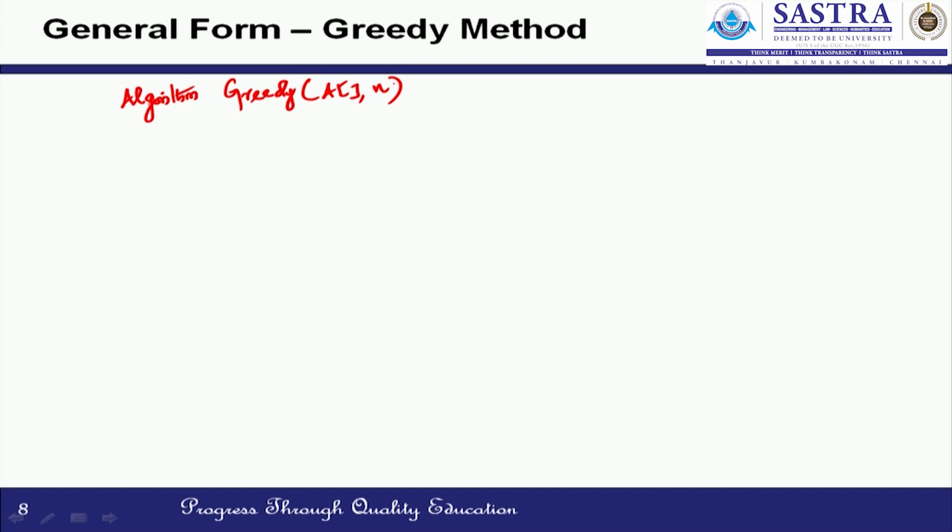So in this style, what is capital A? Capital A is a one-dimensional array, which consists of n elements or n inputs.